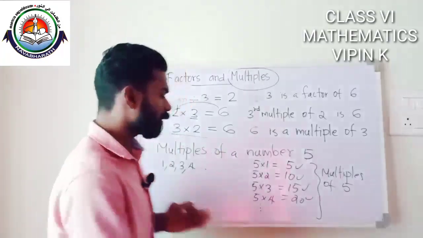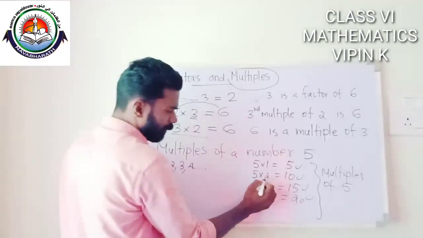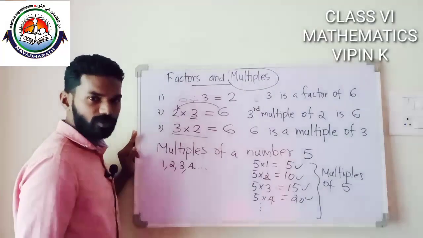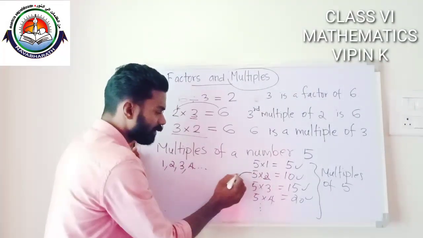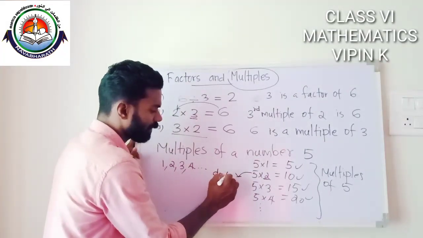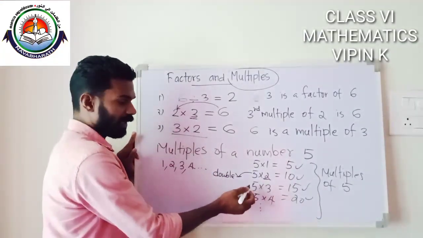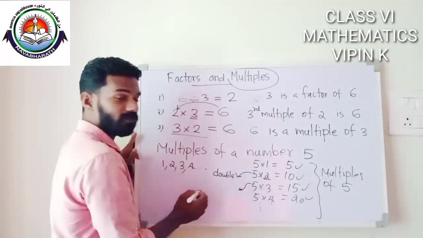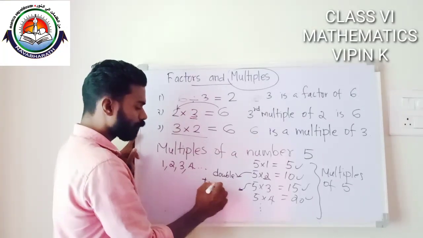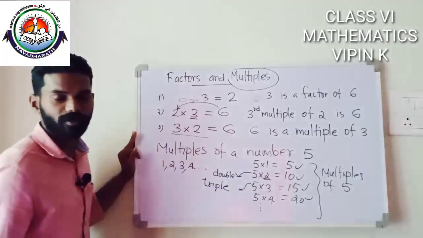And if we are multiplying a number by 2, then we can say it is the double of a number. If we are multiplying a number by 3, then it is the triple of a number.